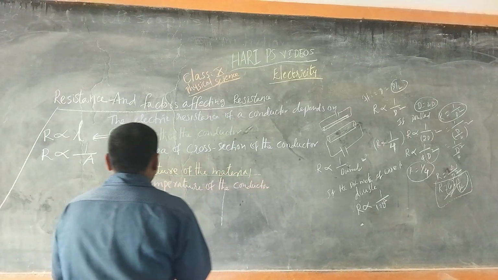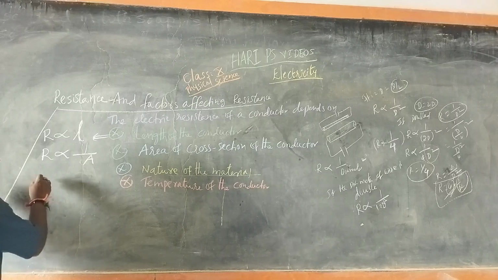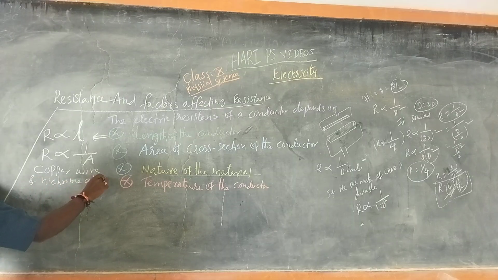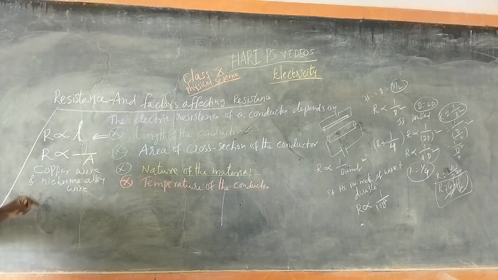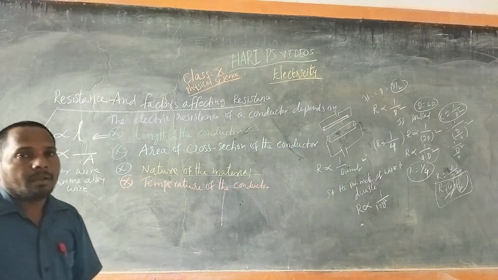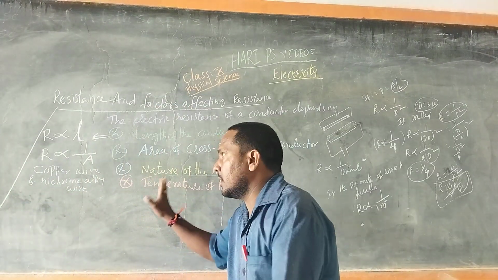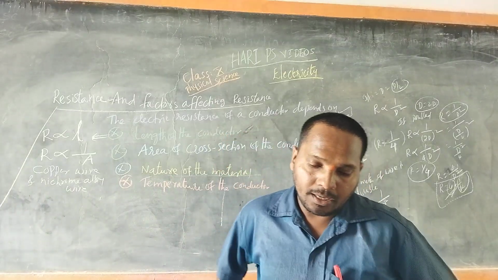So if you take copper wire and nichrome alloy wire, both have some resistance, but copper has lower resistance than nichrome alloy.